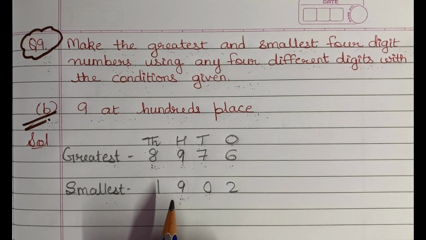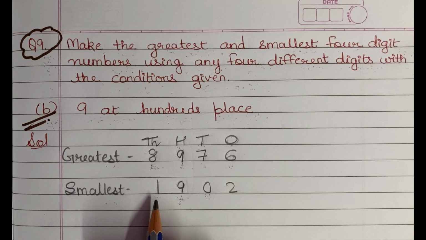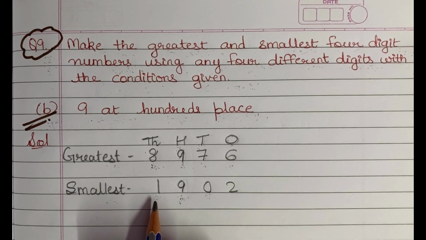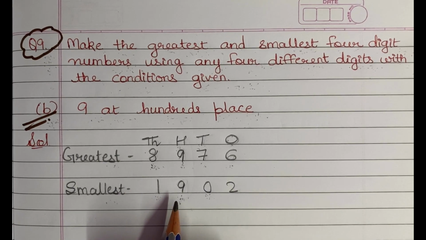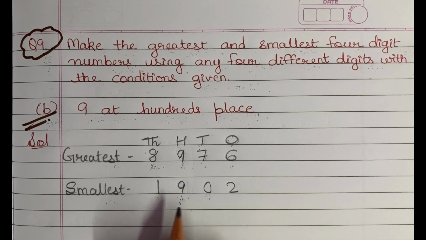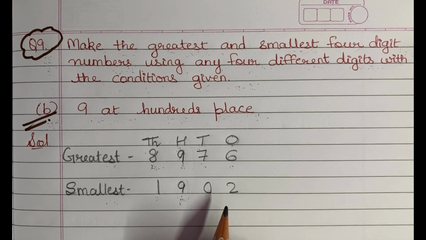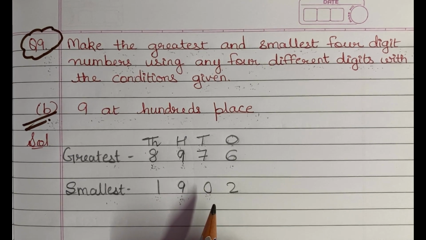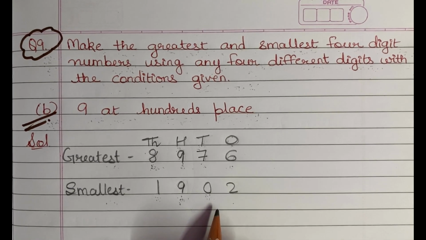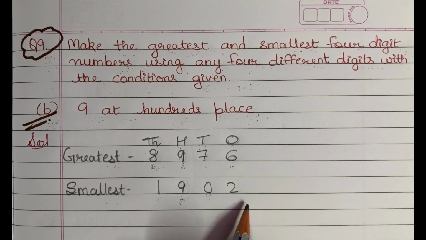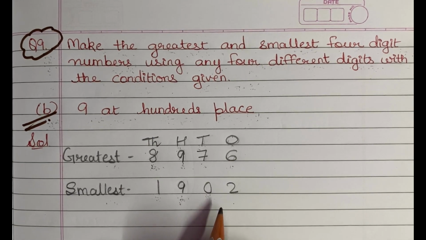Now the digit at thousands place should be the smallest of 1 to 8, so at thousands place we will write 1. Also, no digit can be repeated. Now we are left with 2 to 7, and the smallest of 2 to 7 is 2. So at the ones place we will write 2. And on writing this, we will get 1902 as the smallest 4-digit number. Hopefully it is clear to you.